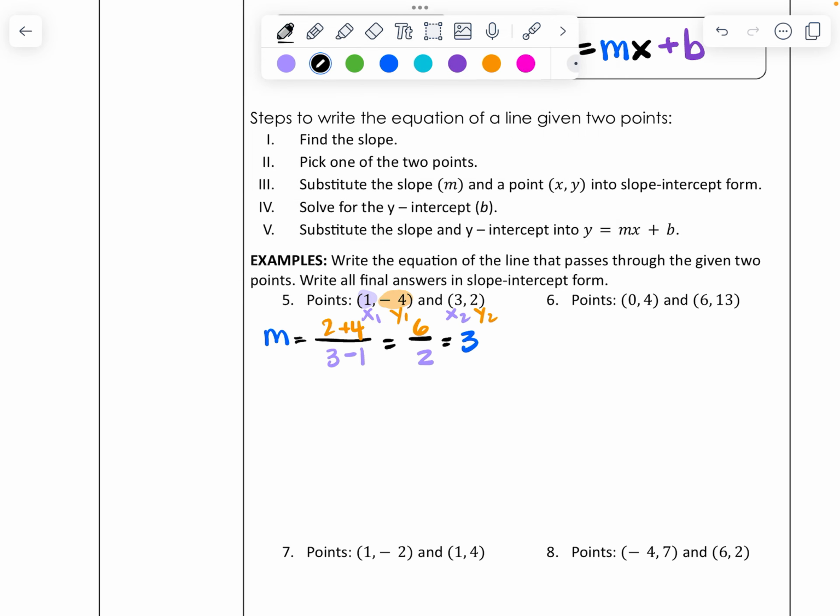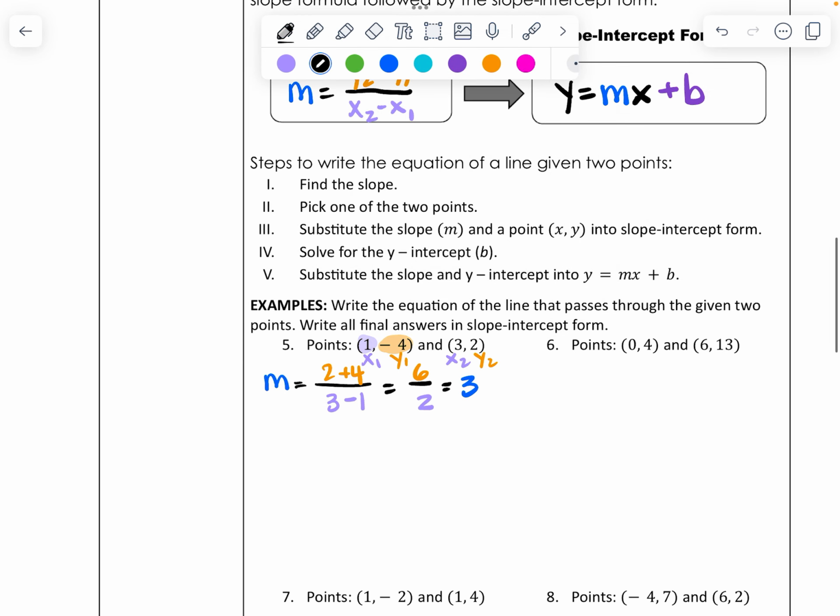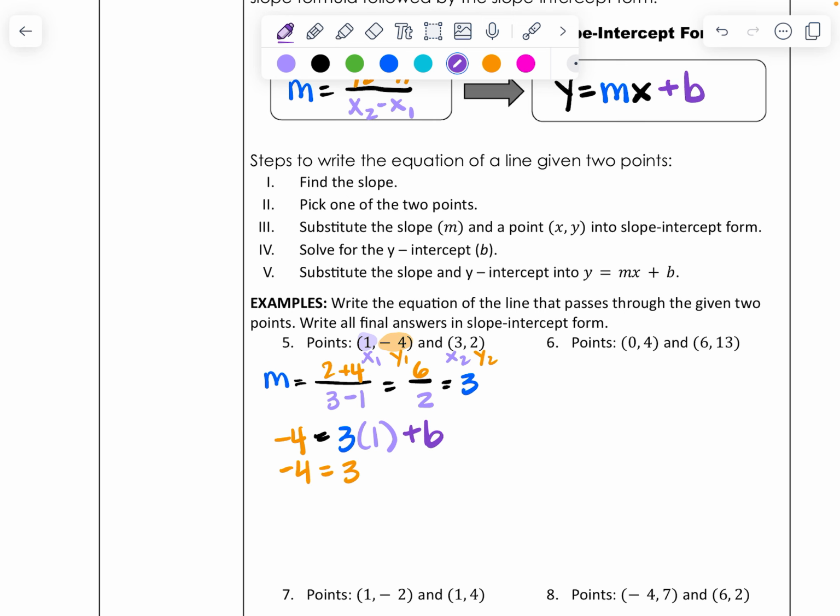So now I'm going to use slope-intercept form, y equals mx plus b. So y is negative 4 equals m is 3, x is 1, and then we have plus b that we need to find. So let's simplify that. Negative 4 equals 3 times 1 is 3, plus b.